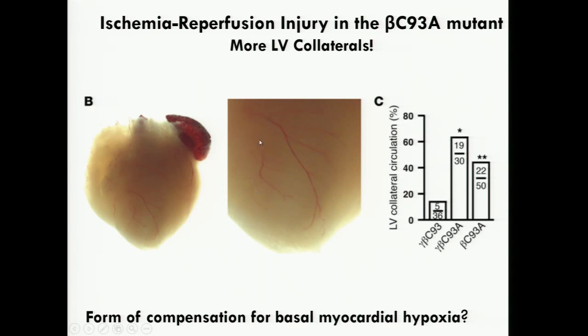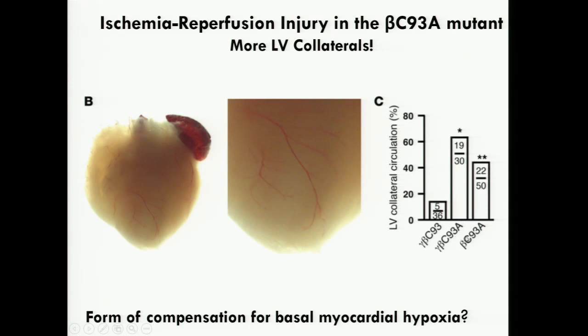There's more collateral channels forming in these mutant animals. And they thought, well, perhaps this is a form of compensation for basal myocardial hypoxia. These animals are not very good at vasodilating through this nitrosyl hemoglobin mechanism. So maybe they develop more collaterals. In any event, this is the data showing greater collaterals.